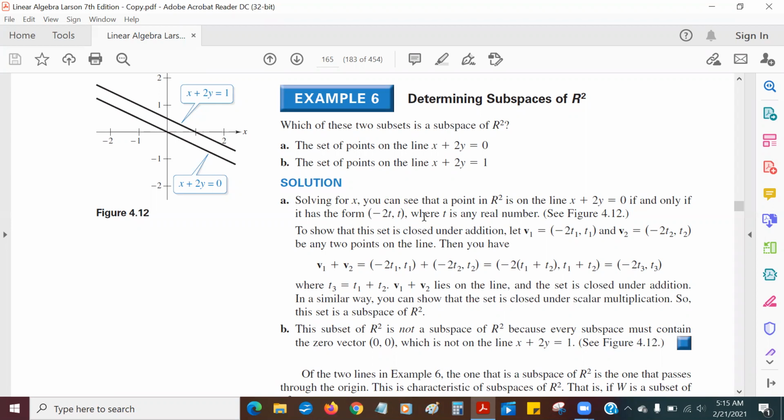This is something we learned back in, I think, chapter 1, how to write things in terms of parametric form. Well, any vector, let's say v1, is going to be (-2t1, t1), whatever t1 is. And if I have a different t2, that's going to give me vector 2, which is (-2t2, t2), not 2t for 2, but t2.